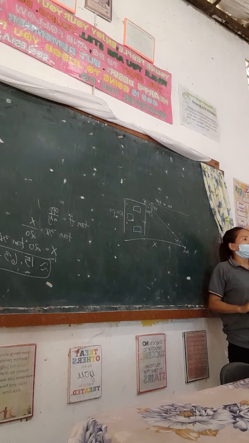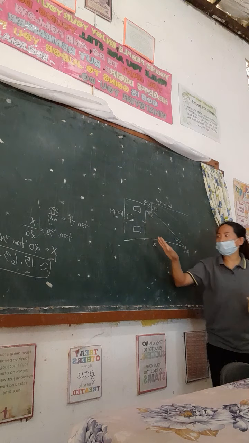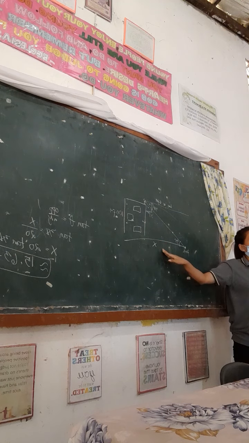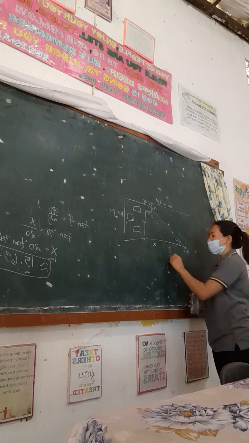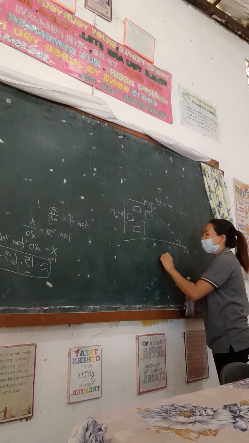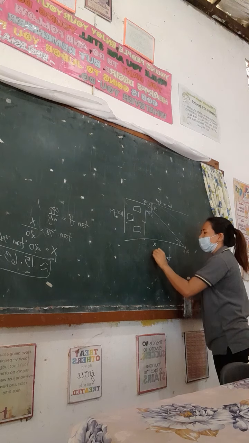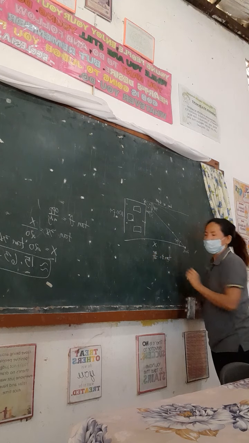Tangent. Okay? So we still use the tangent. Tangent theta is equal to opposite over adjacent.